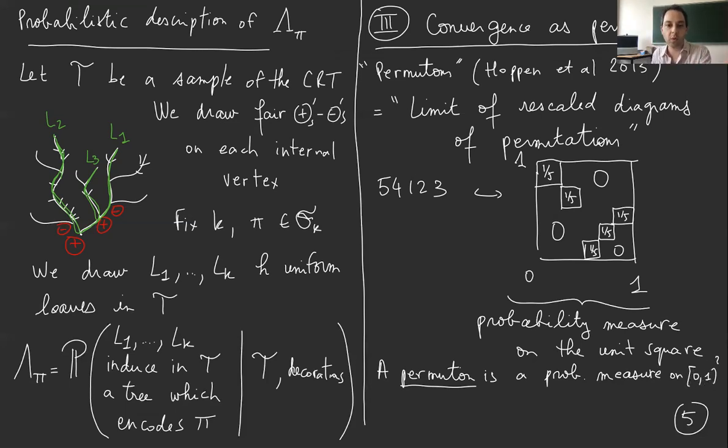And since we want to generalize permutations, since we start from permutation, you see that both projections along both axes are the uniform measure. So it's a probability measure for which both margins, both projections, if you prefer, are the uniform measure on [0, 1].